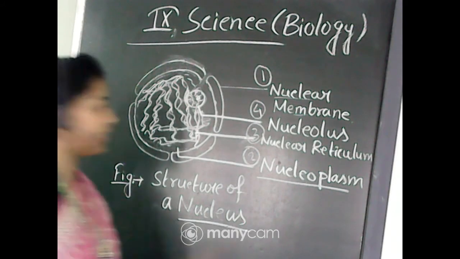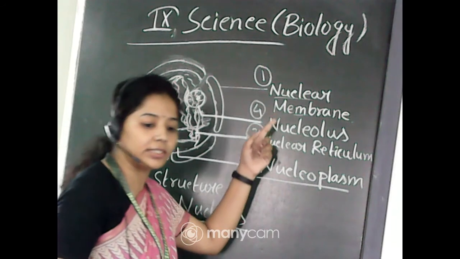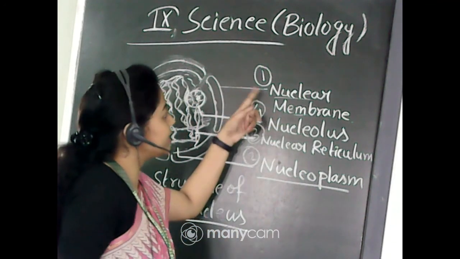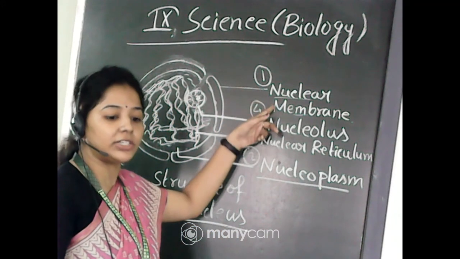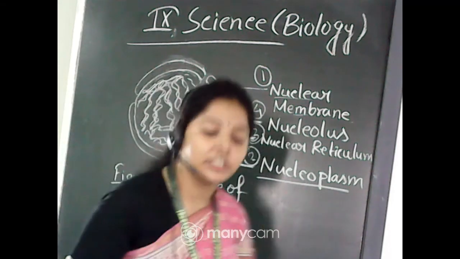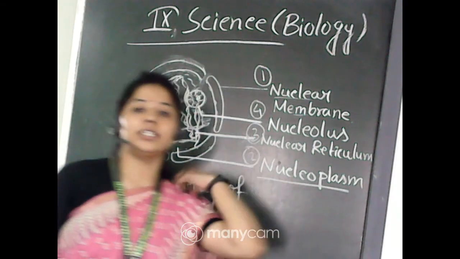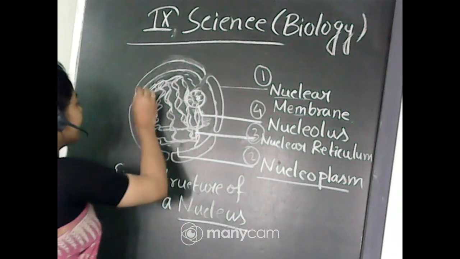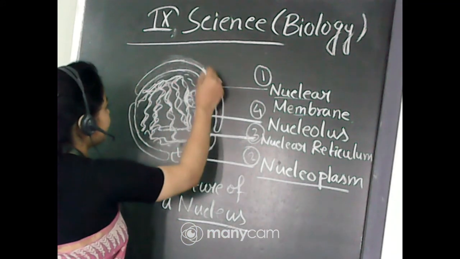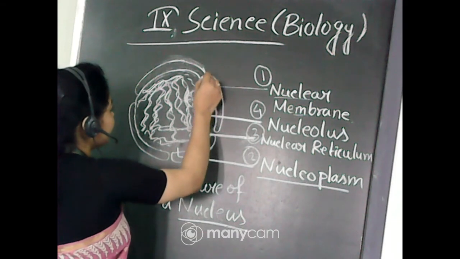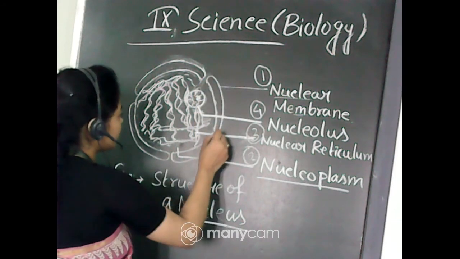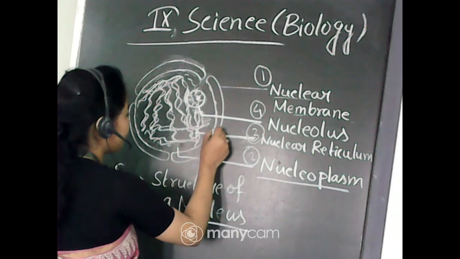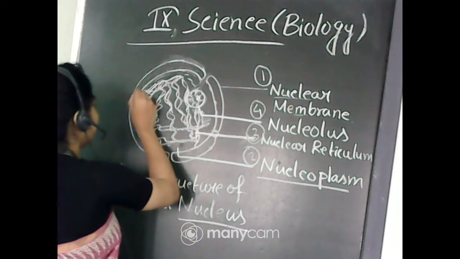I have told that the nucleus has mainly 4 parts. The first one is known as the nuclear membrane, that is a bilayered structure. You have to remember that the membrane of the nucleus is bilayered, 2 layers. And you can see that there are pores present in between.